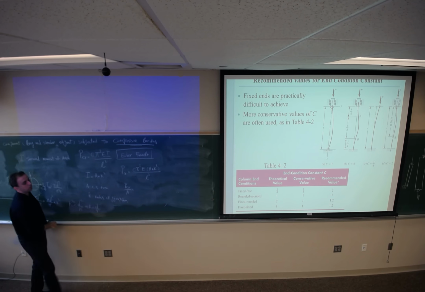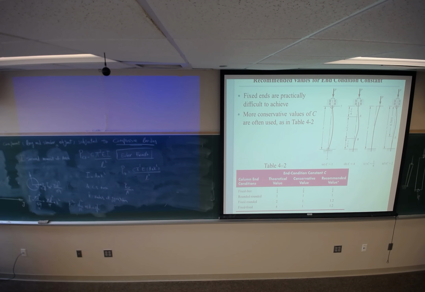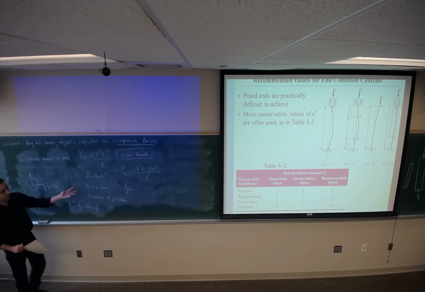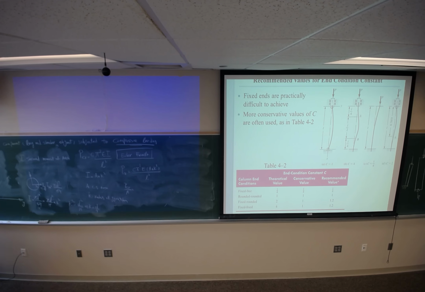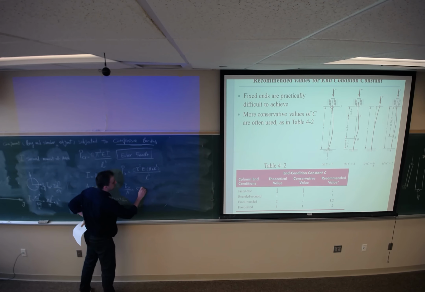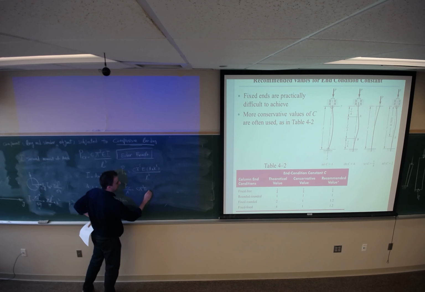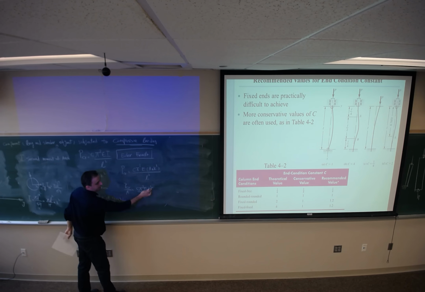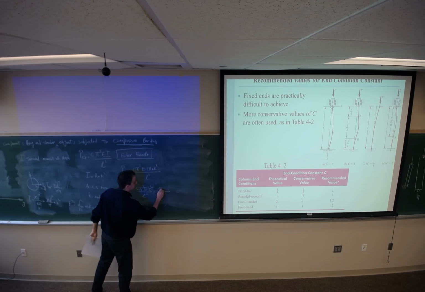The unit is the same as stress, force divided by area. It's not a stress, but they have the same unit. Load per unit of area equals C pi squared E k squared divided by L squared. Then I bring this k squared to the bottom, so I get C pi squared E over (L over k) squared.